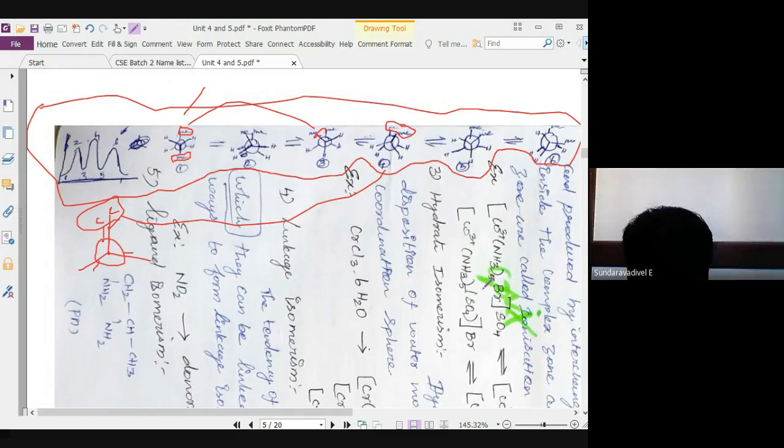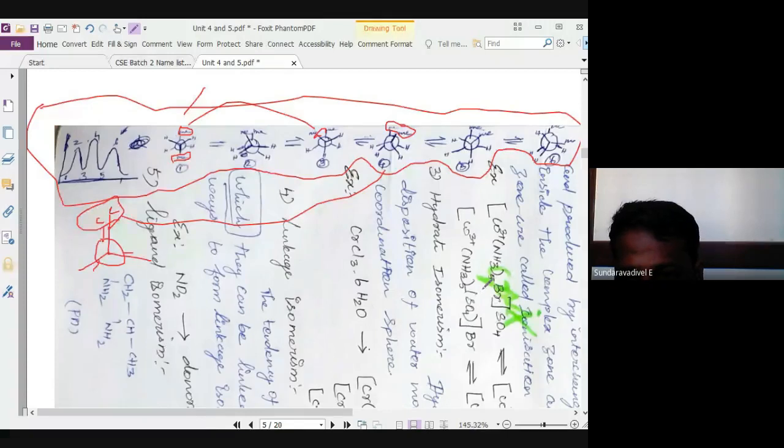All six possible structures of n-butane you have to draw in your notebook.